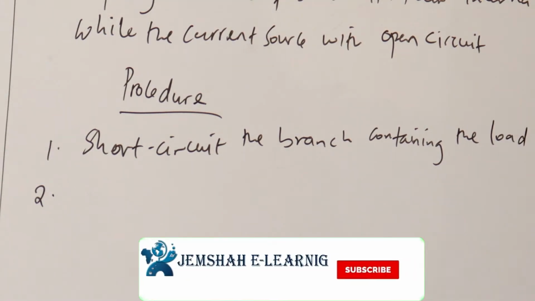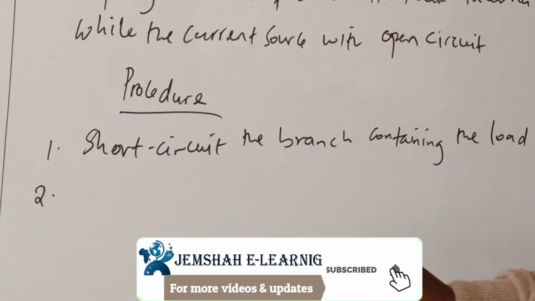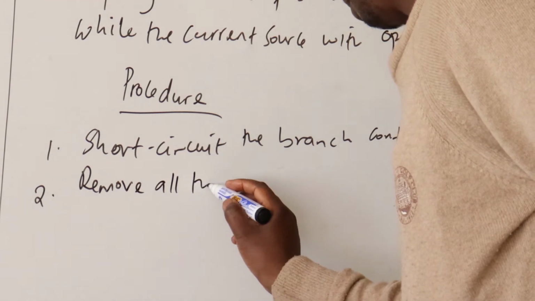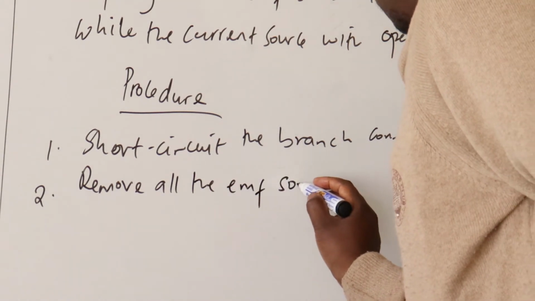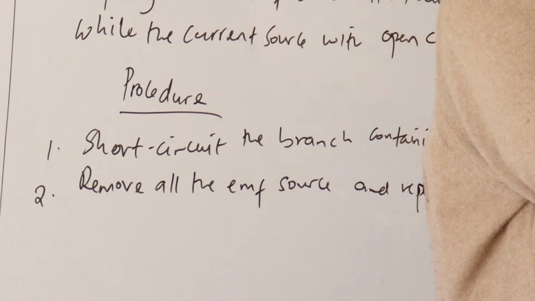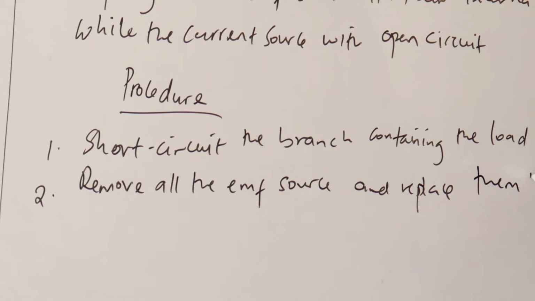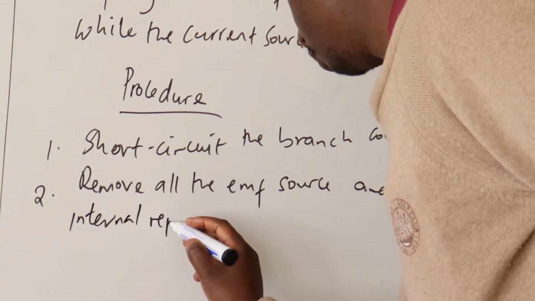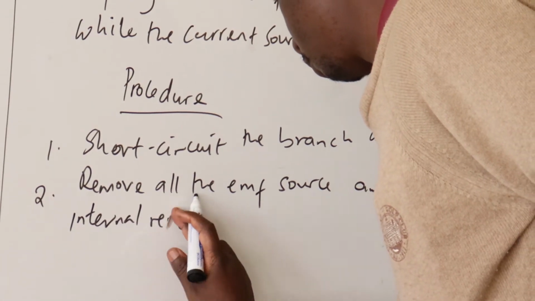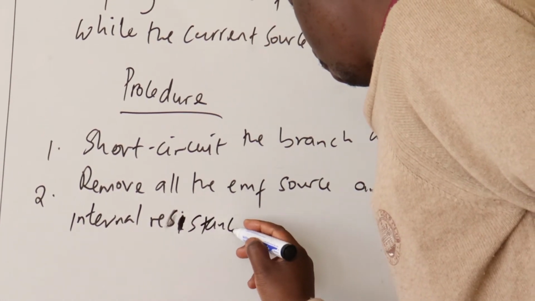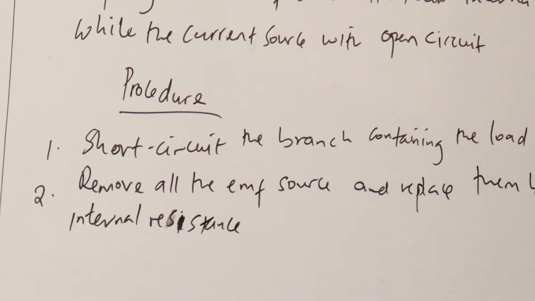Procedure number two is remove all the EMF sources and replace them by their internal resistances.